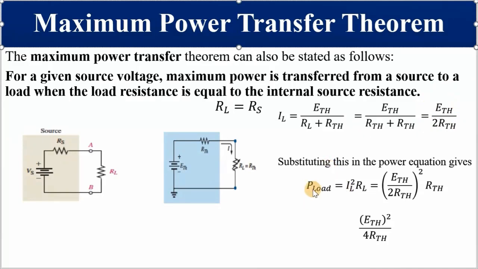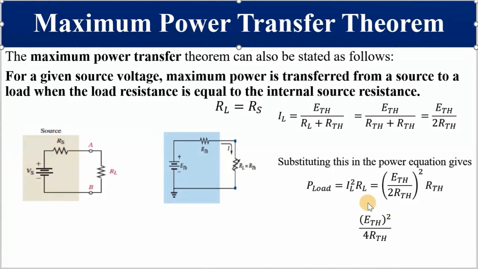We know that the power dissipated by the load is equal to IL squared RL. We know power is equal to I squared R, but in this case I is equal to IL. Hence we square that current and multiply it by the load resistance RL. We are now going to substitute IL, which we have calculated. So we are saying E-Thevenin divided by 2 R-Thevenin, all of this squared, and we multiply it by R-Thevenin.